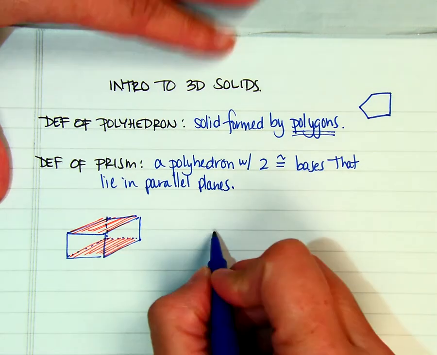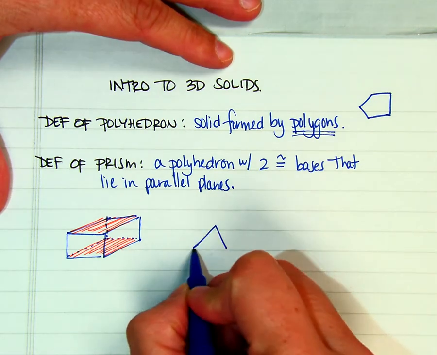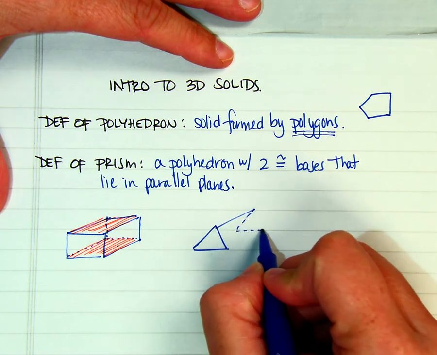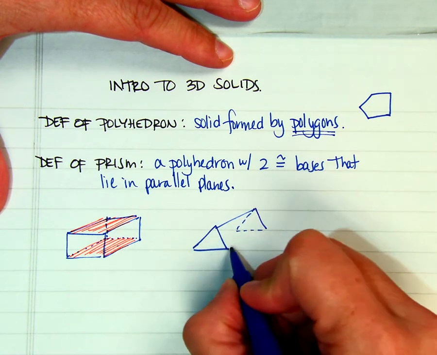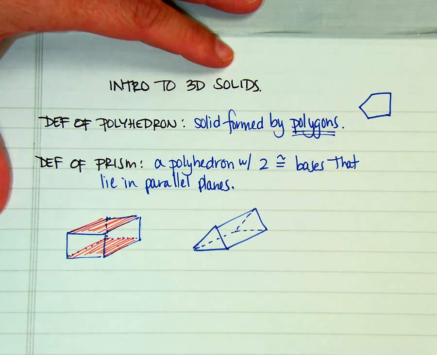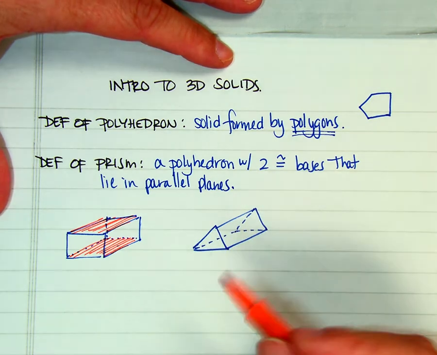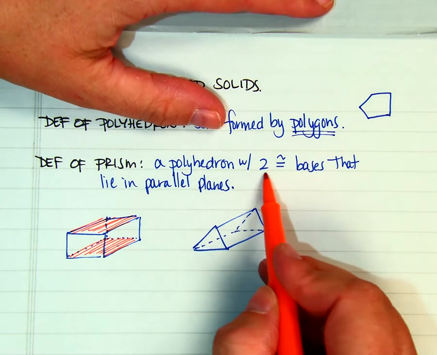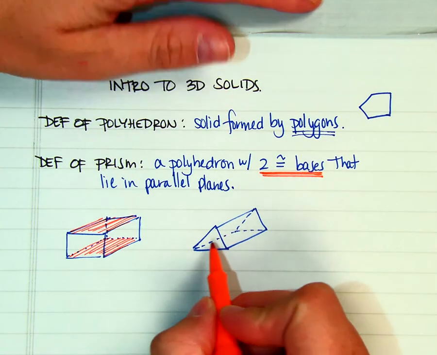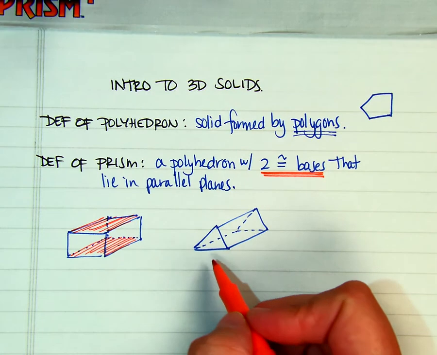We could also have a triangular prism. Hard to do this when I'm not on the dry erase board. In this one, the bases are the two congruent shapes. Typically we think of what's sitting on its base.